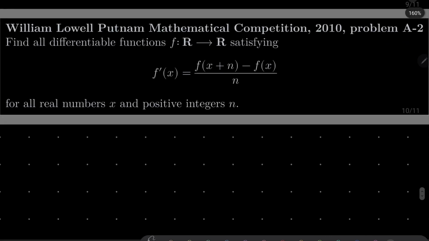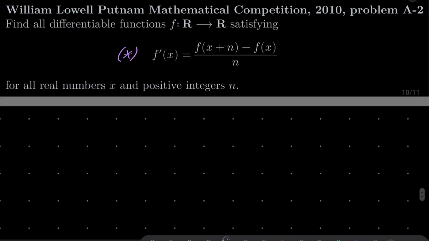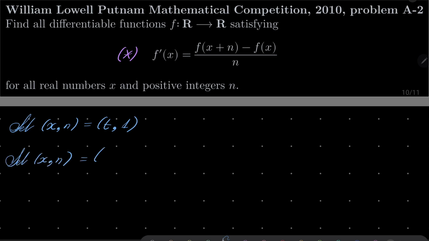Alright, so maybe let's call our functional equation asterisk, and I will set the following. First, I will set x and n to be t, 1, then I will set x and n to be t plus 1, 1, and finally I will set x and n to be t, 2. Notice that we can derive the following formula.